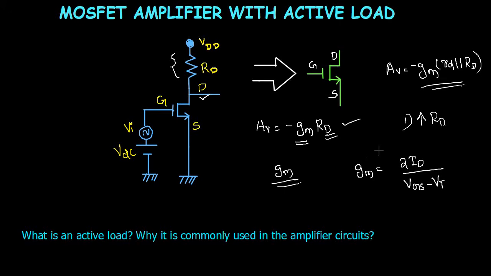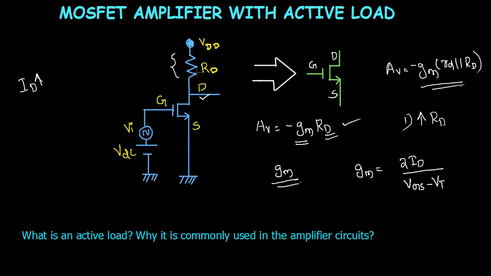But if we increase the drain current ID, the power dissipation will also increase. Particularly in ICs, we have to limit the power. There are mainly two constraints when designing an IC: the first is size and the second is power consumption.